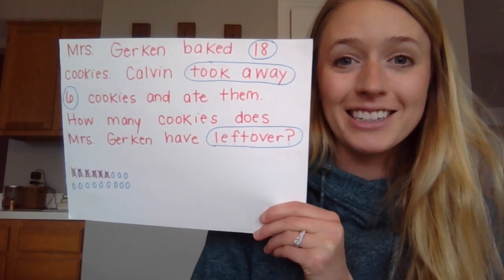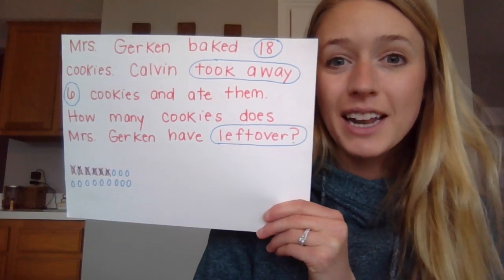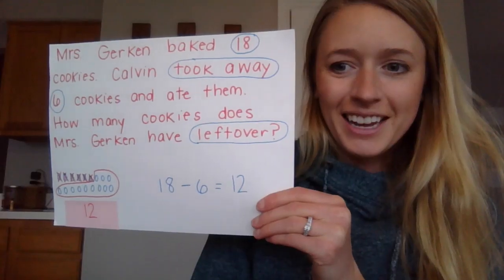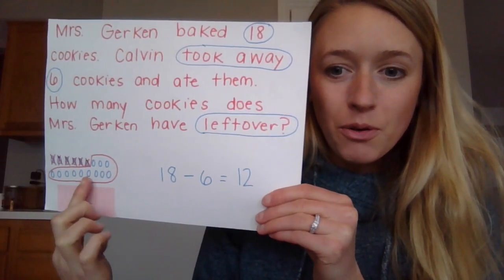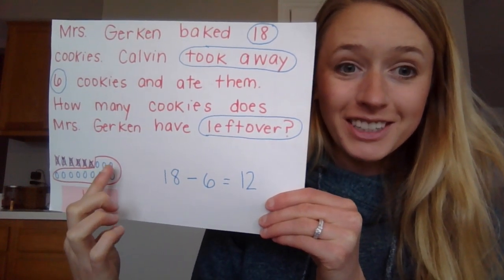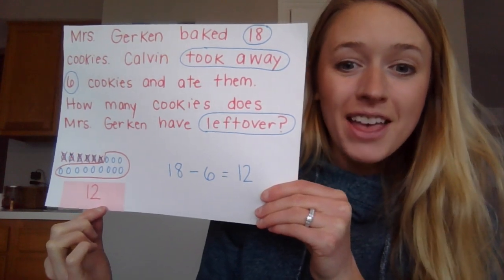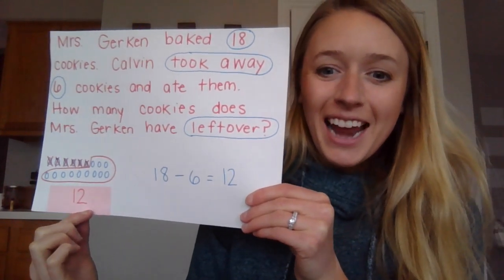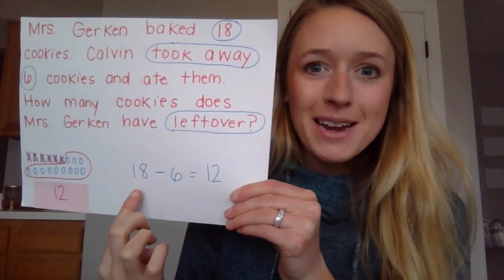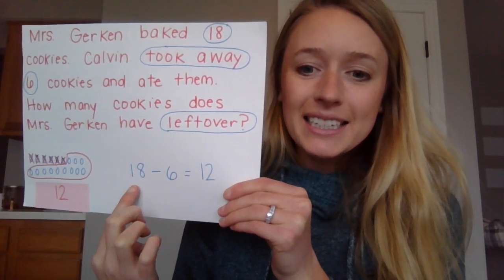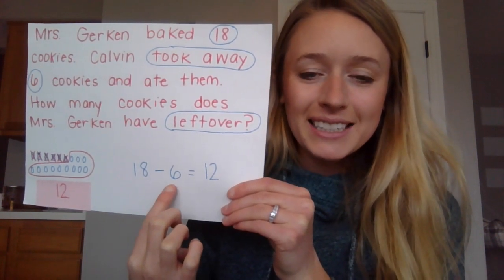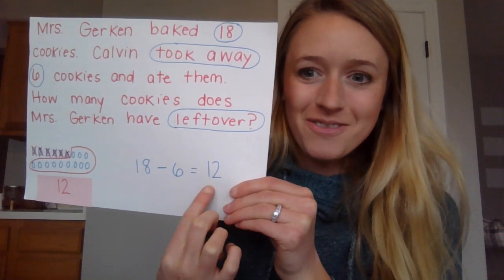So I'm going to go ahead and circle all of the circles that I have left over now. So once I circled all of the circles that I have left over, I found that I had 12 left over. So then I could go over here and write my number sentence. 18 minus 6 equals 12.